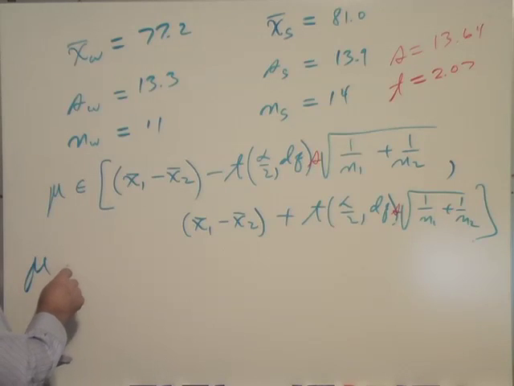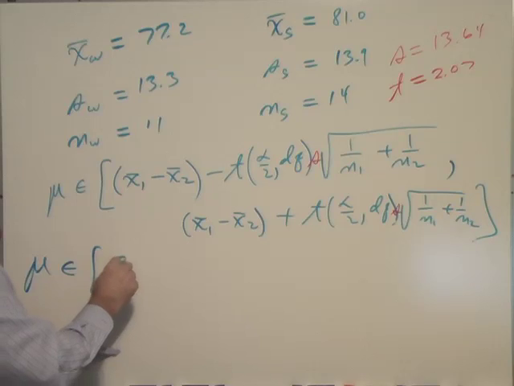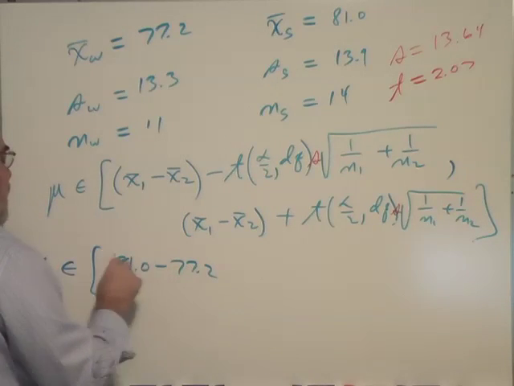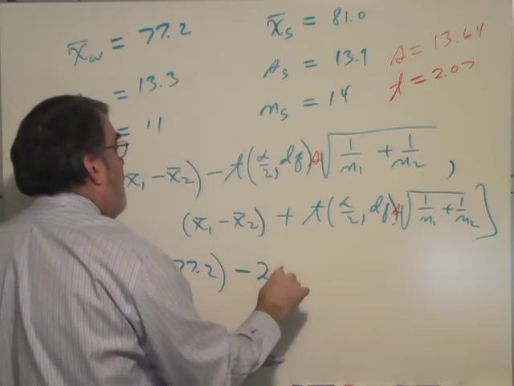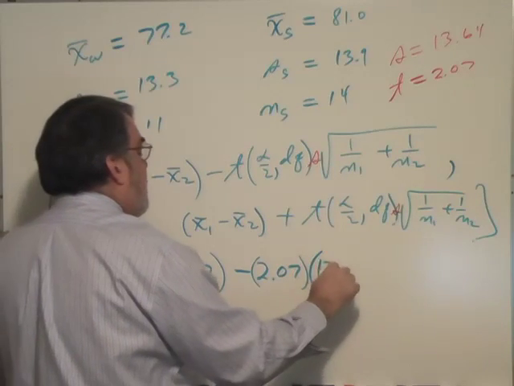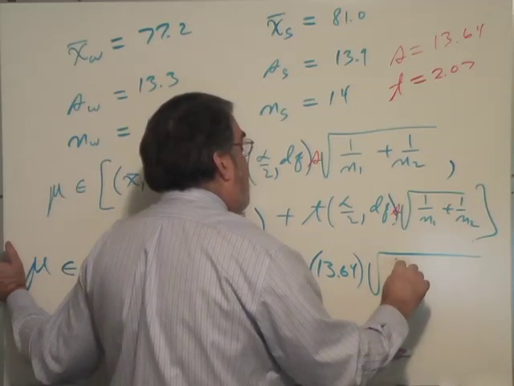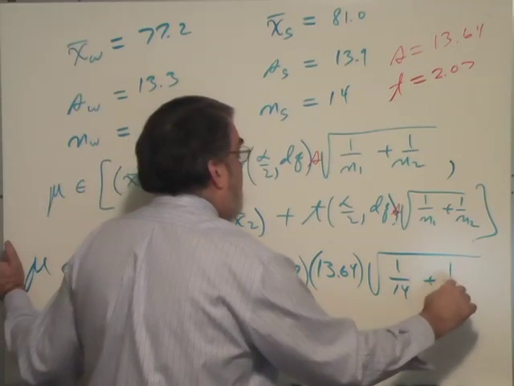Alright, so the population mean difference is, bracket, x bar 1, I'm going to use this as my first, 81.0 minus 77.2 minus the t-score, which was 2.07, times s, which was 13.64, times the square root of 1 over 14 plus 1 over 11.